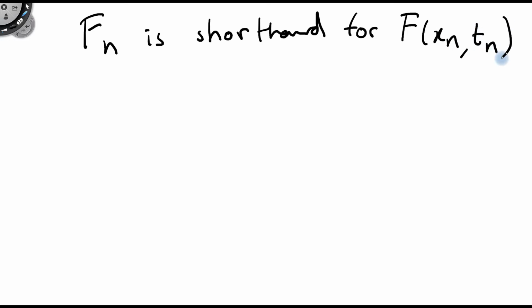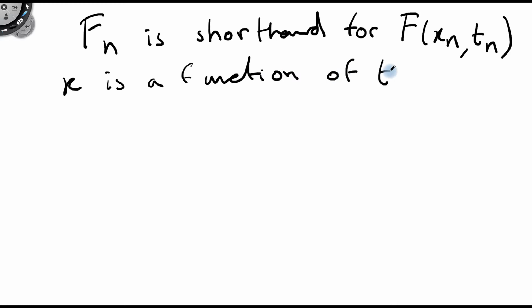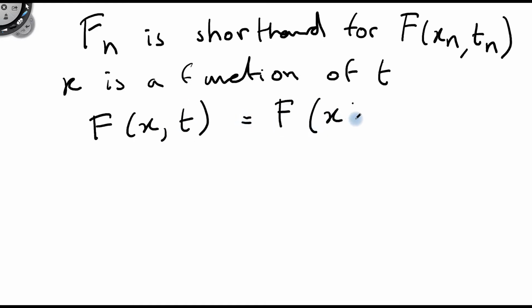Well, x is a function of t. So f of x of t can also be written as f of x as a function of t, and t, so that in that sense any certain time t can determine both these variables. It's just purely a function of t.